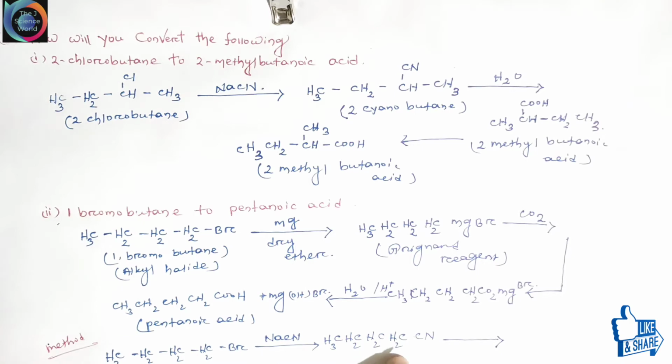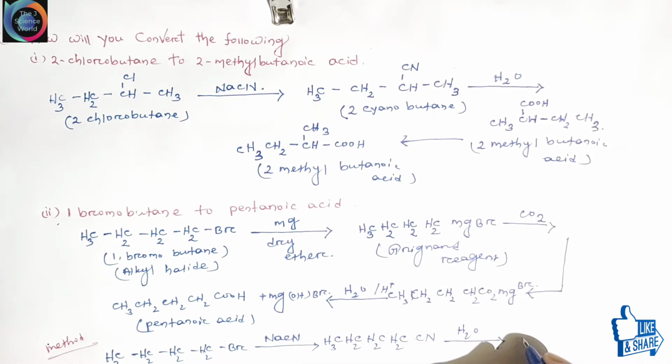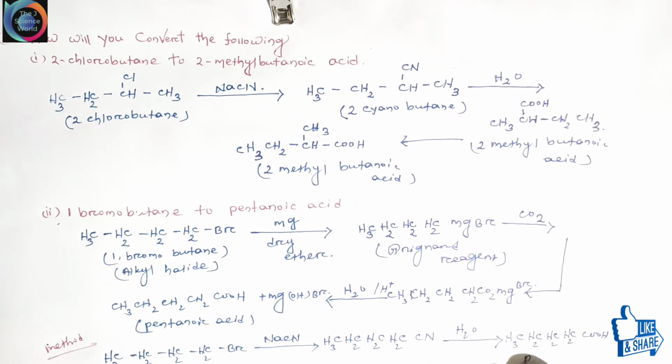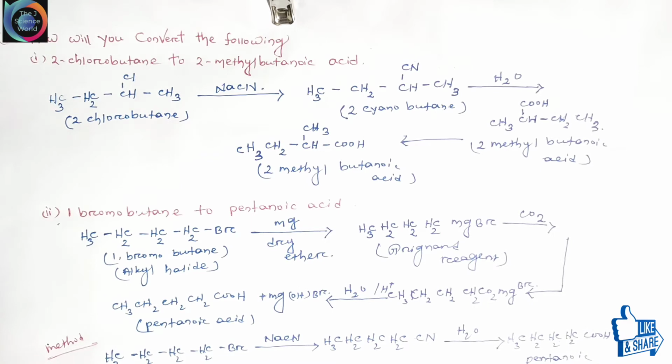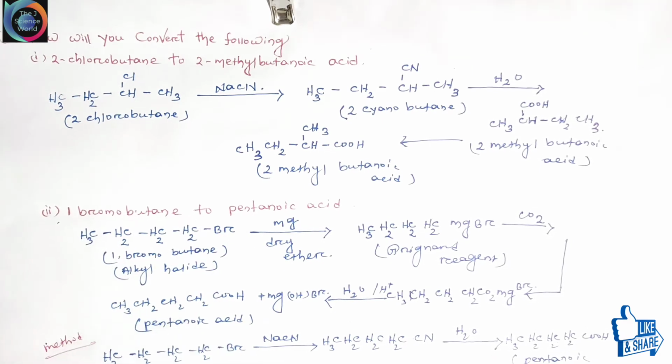When this cyanobutane undergoes acid hydrolysis, it yields a carboxylic acid. This is our pentanoic acid. This is all about how we convert bromobutane to pentanoic acid.